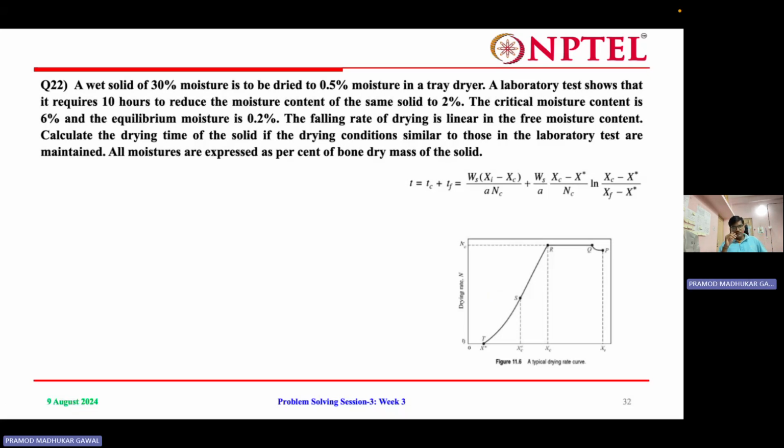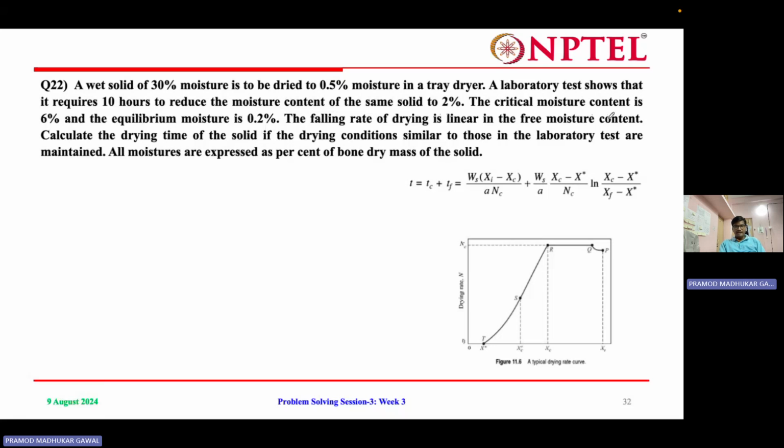Question number 22. A wet solid with 30% moisture is to be dried to 0.5% moisture in a tray dryer. A laboratory test shows that it required 10 hours to reduce the moisture content of the same solid to 2%.